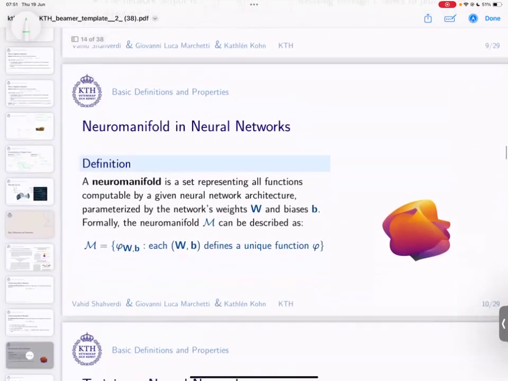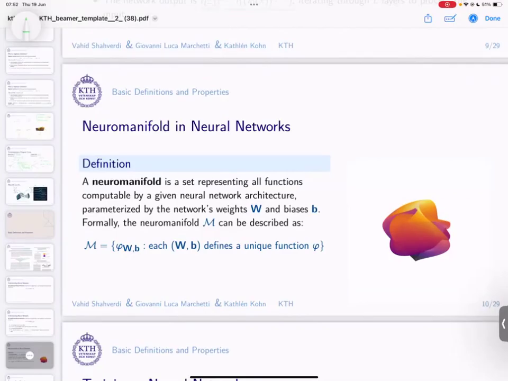And it comes to the definition of neuromanifold. I briefly mentioned intuitively what a neuromanifold is. But a neuromanifold is a set representing all functions in your neural network, basically. All the functions that are available in your network give you a set.